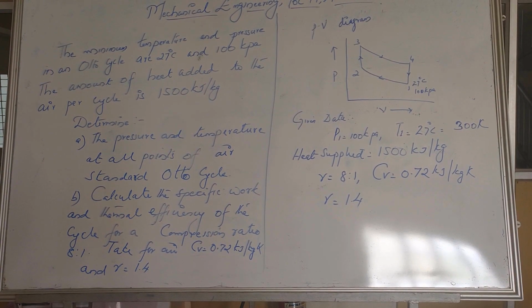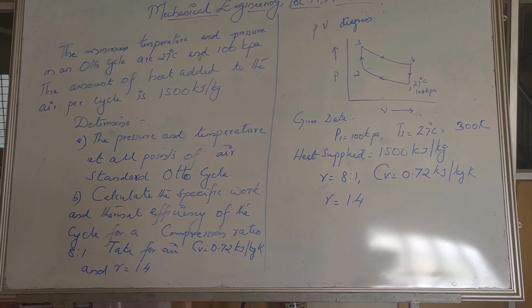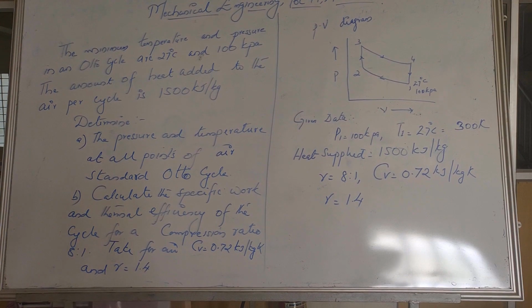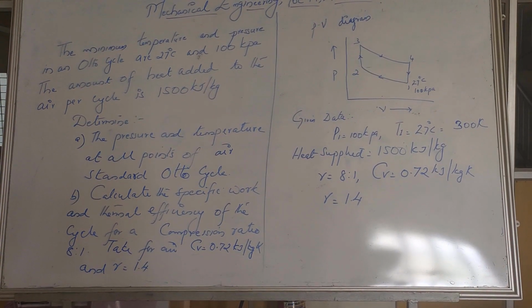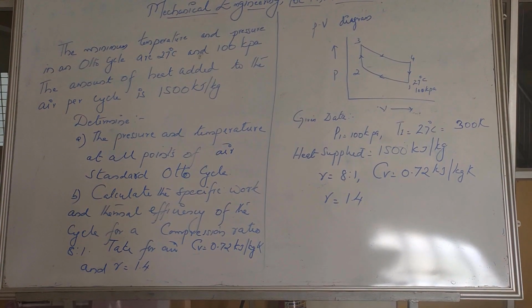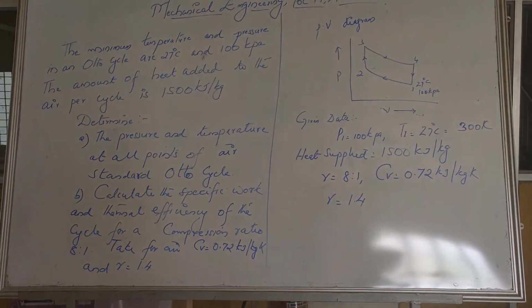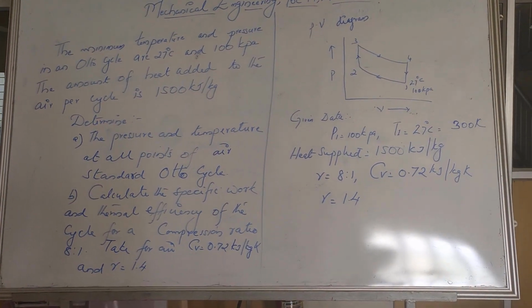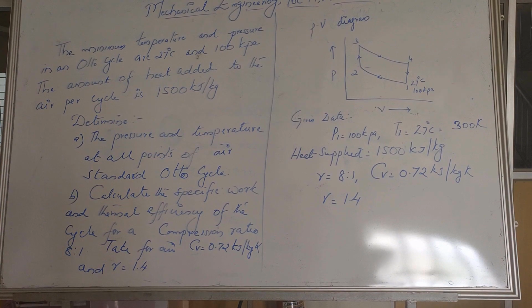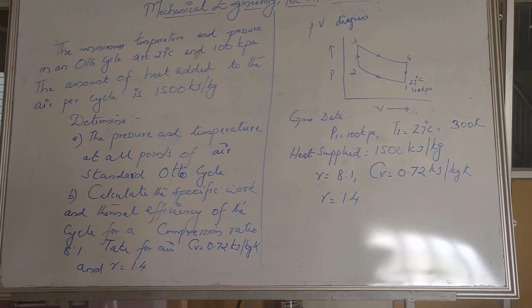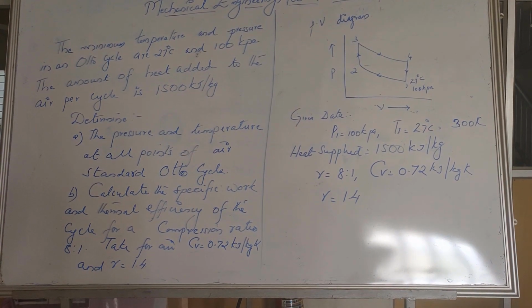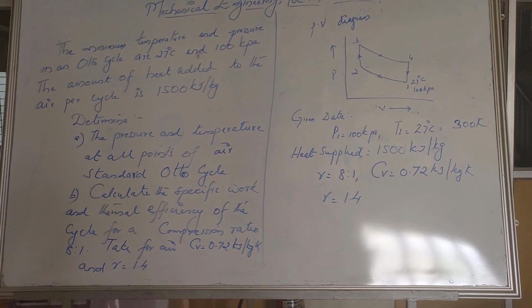I have drawn the PV diagram on the board, and the salient points are 1, 2, 3 and 4. That means you need to find the temperature and pressure at points 1, 2, 3 and 4.